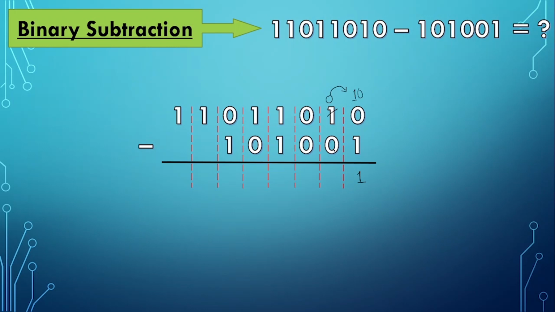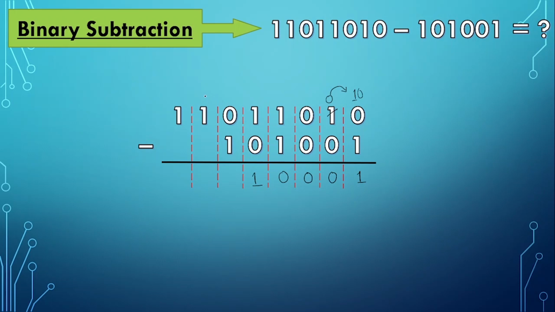So in the next operation, 0 minus 0 is 0. In this, 0 minus 0 again 0. 1 minus 1, it is 0. 1 minus 0, it is 1. Then again 0 minus 1, which is not possible, so we need to take a borrow.